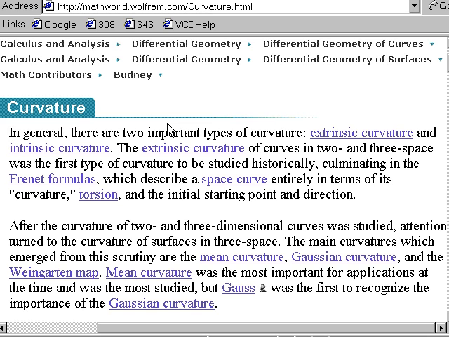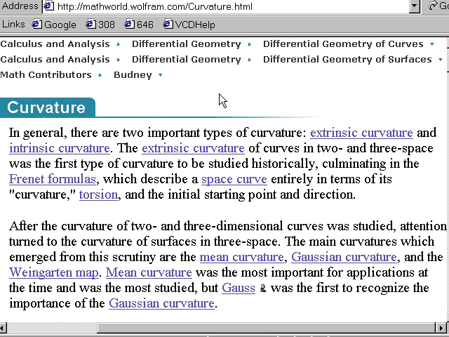Now, in general, there are 2 different types of curvature. There's what's called intrinsic curvature, like Gauss curvature, which means that it doesn't depend on how you embed your surface or curve in space. The calculation of the curvature is a property of that object, that set itself, and not the maps that embed it into space.